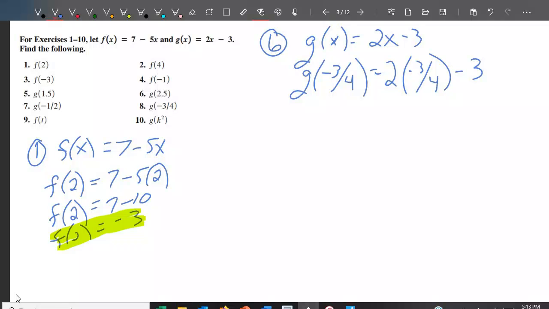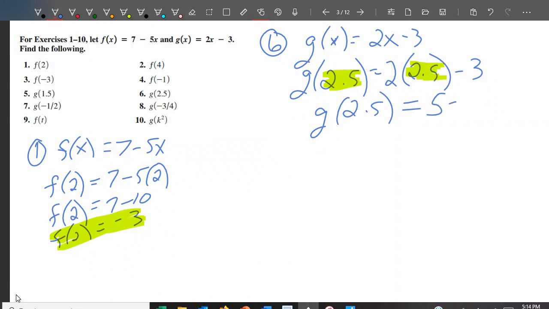Okay, whoops, hold on, y'all. Number 6 is 2.5. I looked at the wrong thing. So let's go back. 2.5. So the 2.5 now goes where the x is. Simplifying that, we'll get 5 minus 3, which gives me 2. So the function value of 2.5 is equal to 2.